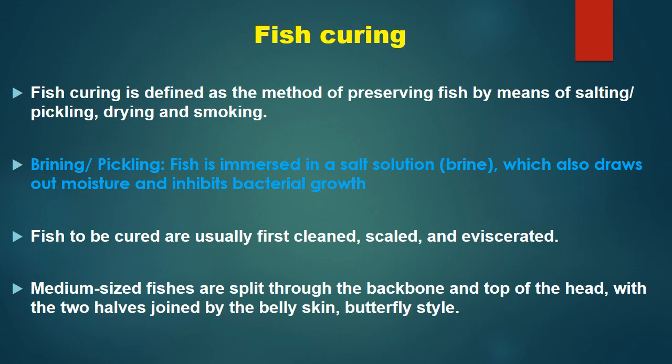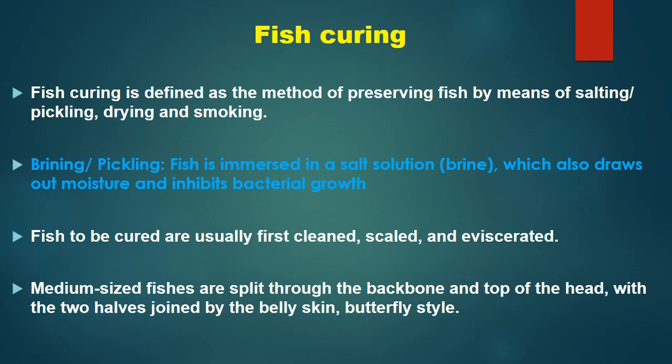Now let us understand a little more detail about fish curing. Fish curing is defined as the method of preserving fish by means of salting or pickling, and then sometimes drying and also smoking. Altogether we can call it fish curing. Brining or pickling is done by wet salting, where fish is immersed in a salt solution called brine, which also draws out the moisture and inhibits bacterial growth.